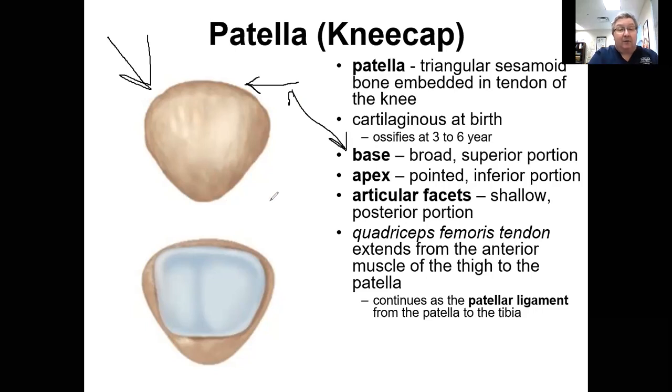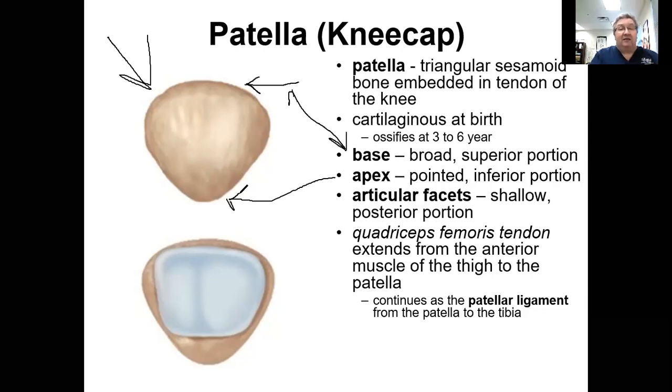The bottom part of the patella is known as the apex. The apex is pointed and is inferior. So the base is superior, the apex is inferior. That's what you need to know.